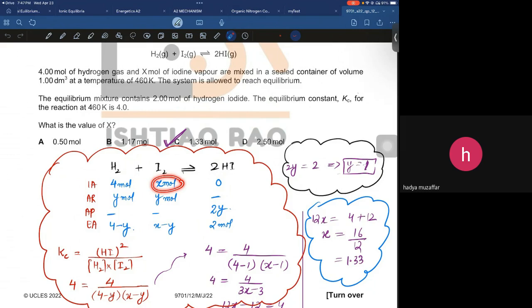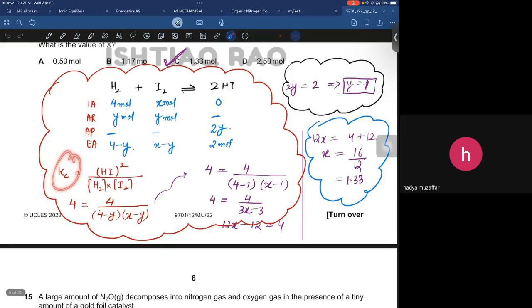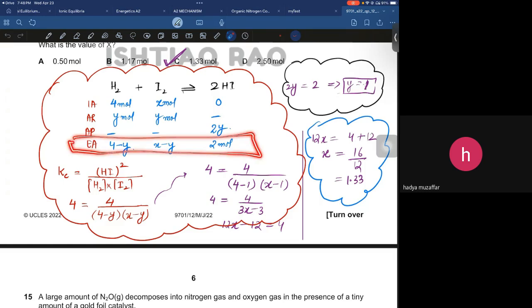So the Kc given to you is 4. What's the formula for Kc? It's product upon reactant. Product is HI, that is 2, and 2 into 2 is 4. We always put the moles present in the equilibrium amount, EA.